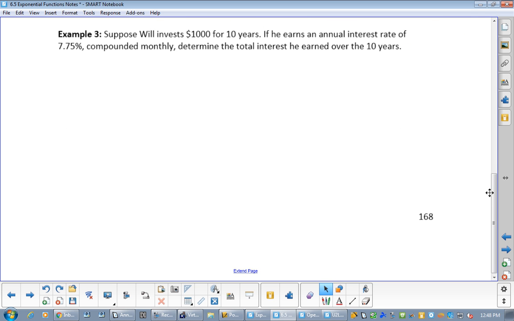Now, suppose Will invests $1,000 for 10 years. If he earns an annual interest rate of 7.75% compounded monthly, determine the total interest he earned over 10 years. Now, this one's tricky. I want you to put an asterisk there because this one is tricky. They did not ask for his total amount.